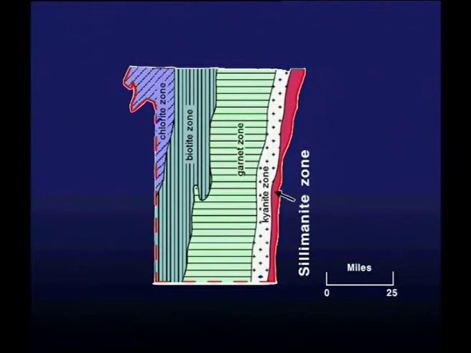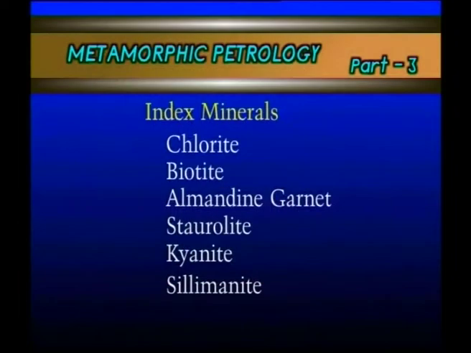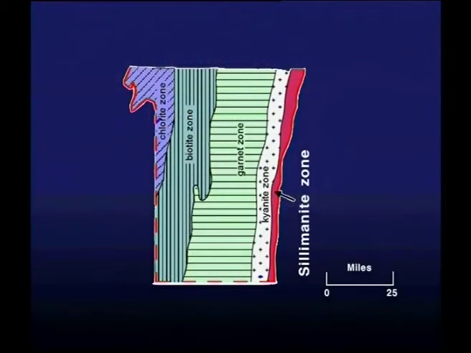These are the index minerals, mainly chlorite, biotite, almandine garnet, staurolite, kyanite, sillimanite. The presence of one index mineral like chlorite and the disappearance of another index mineral can give rise to different zones.